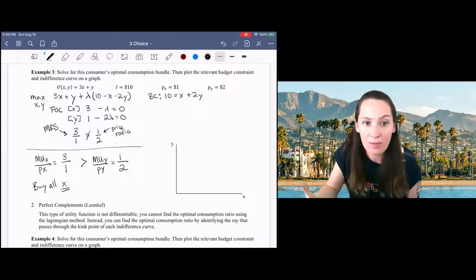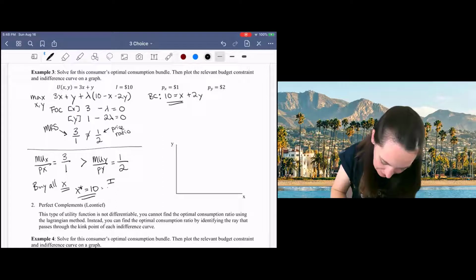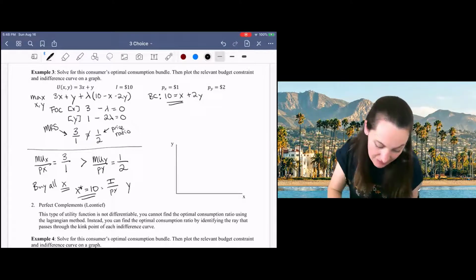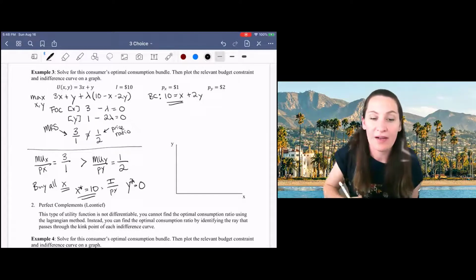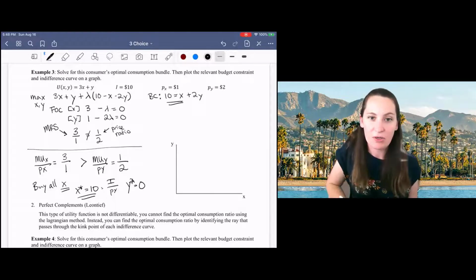I'm going to spend all my money on X. So just do income divided by PX, and that gives me 10. And I'm going to spend none of my money on Y because it's not very good. So I'm not going to buy any Y. And that's my optimal consumption bundle in this example.